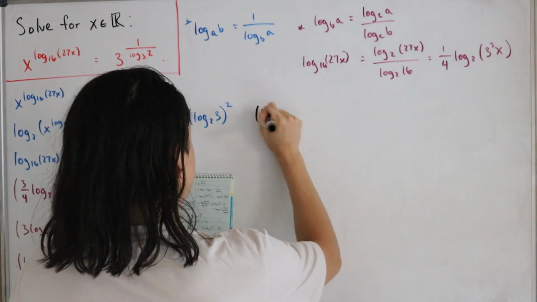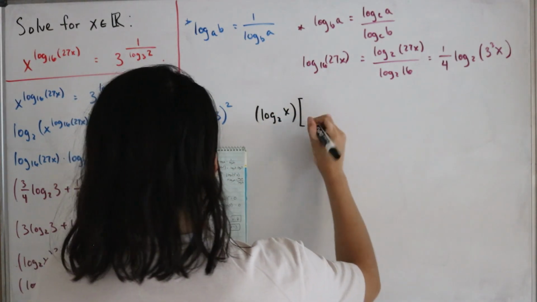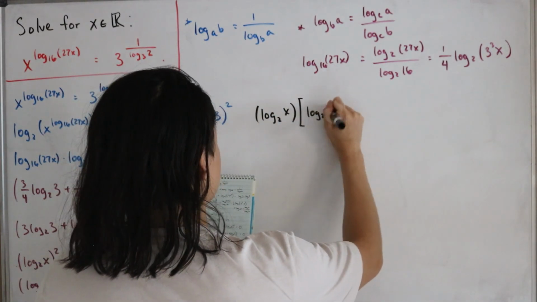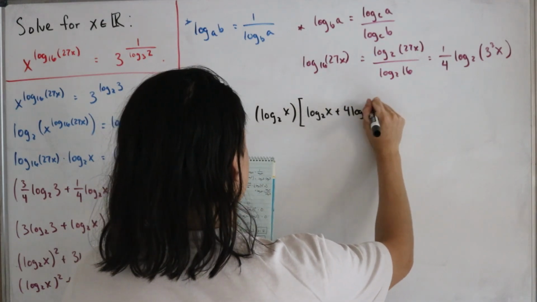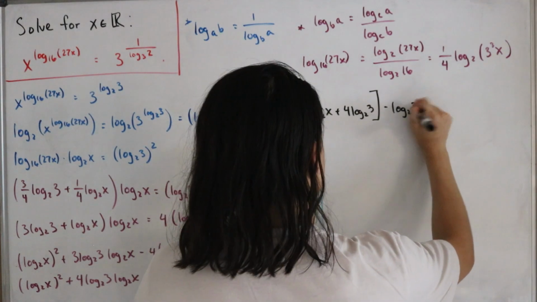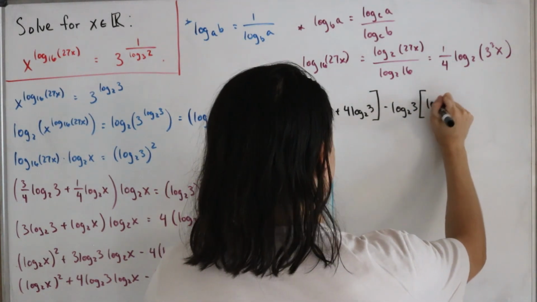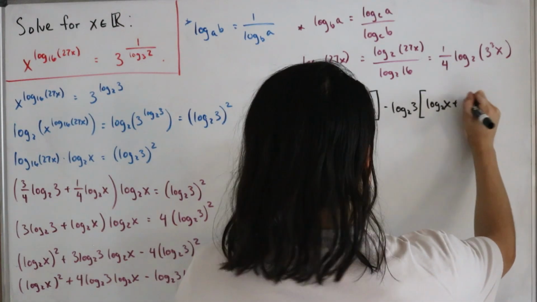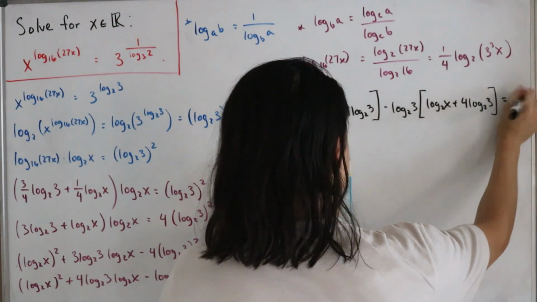So now we factor out log base 2 of x. Over here, the following is going to be log base 2 of x, then add this with 4 times log base 2 of 3. And then subtract log base 2 of 3, and factor that out of the log base 2 of x, and then add this with 4 times log base 2 of 3. And then, of course, set this equal to 0.